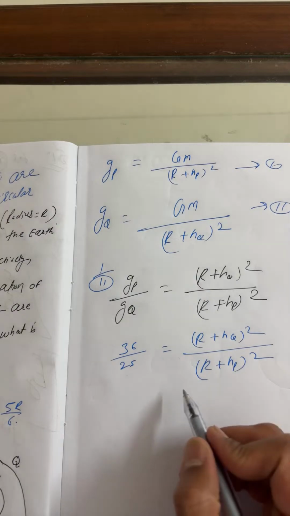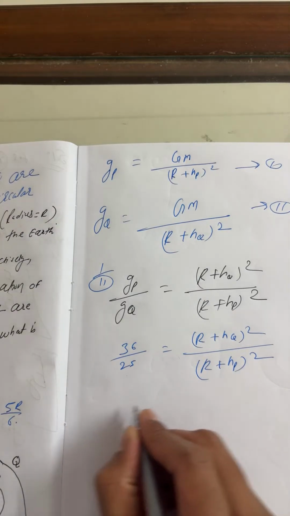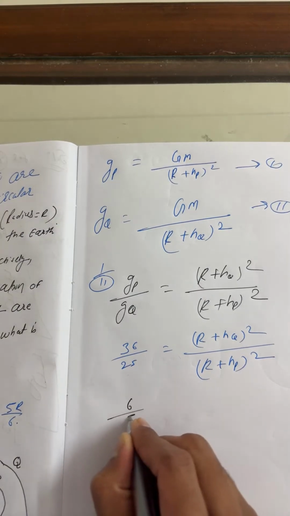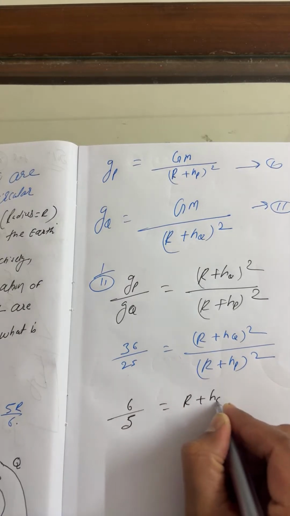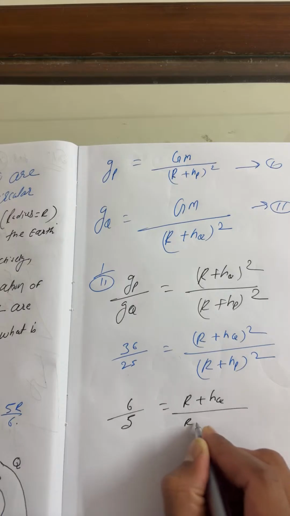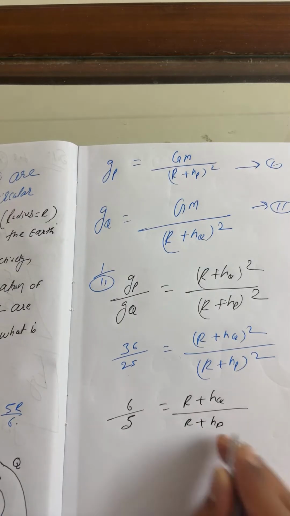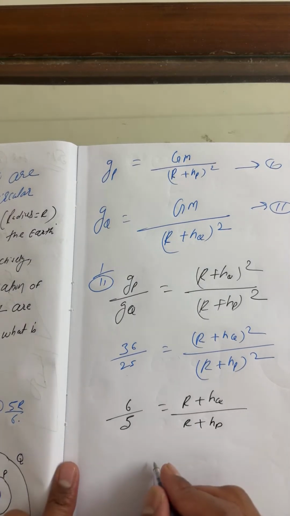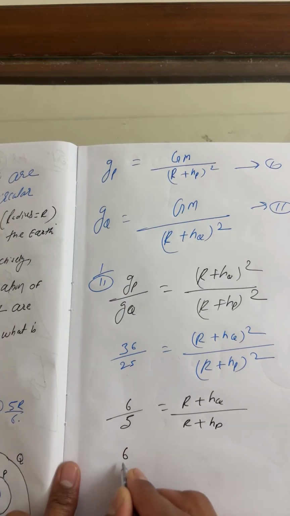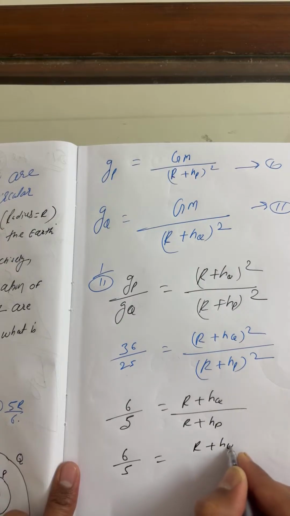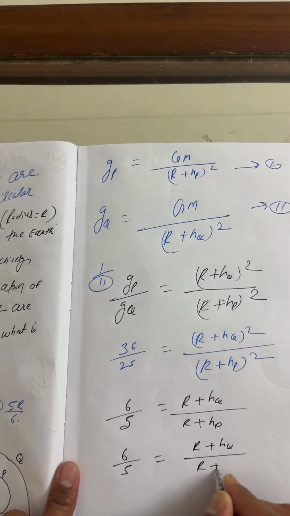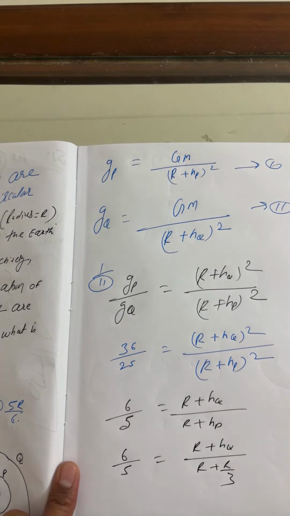Then take the square root on both sides. So you can say this is 6 by 5, which is equal to (R plus HQ) upon (R plus HP). HP is mentioned here as R by 3. So this is, students, 6 by 5 equals R plus HQ upon R plus R by 3.